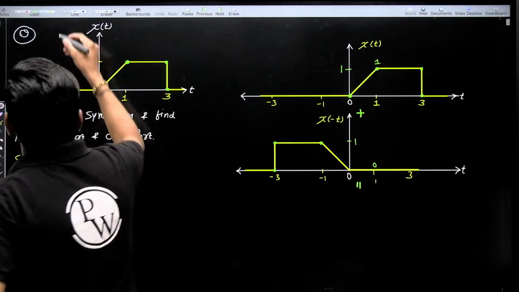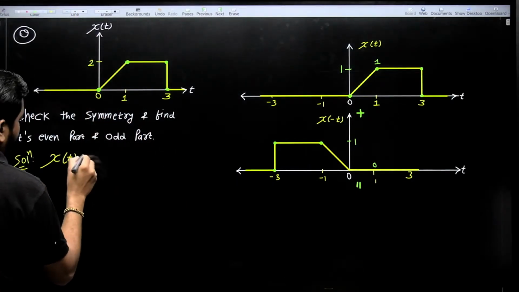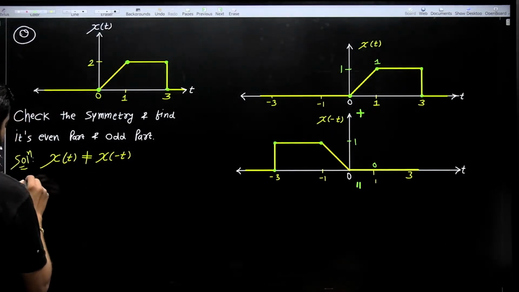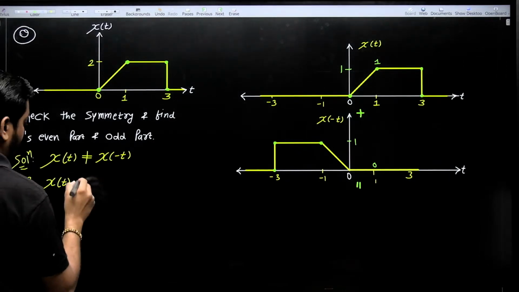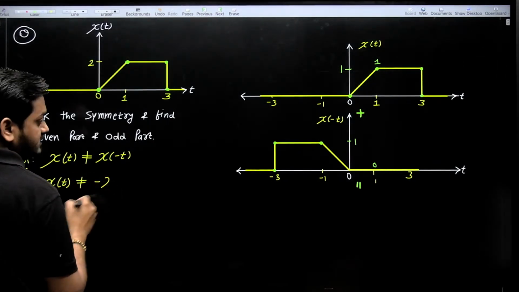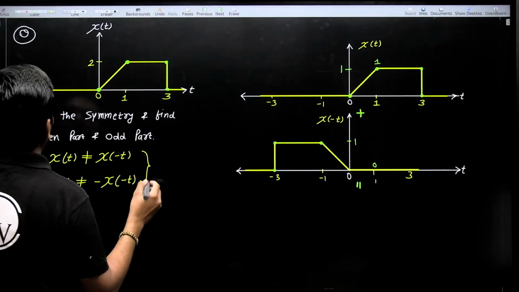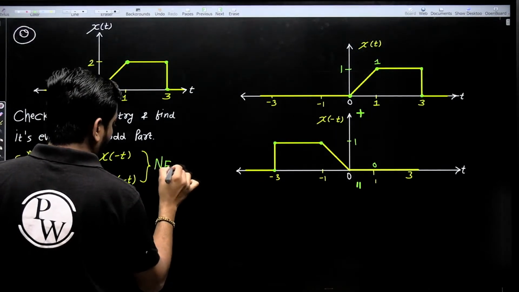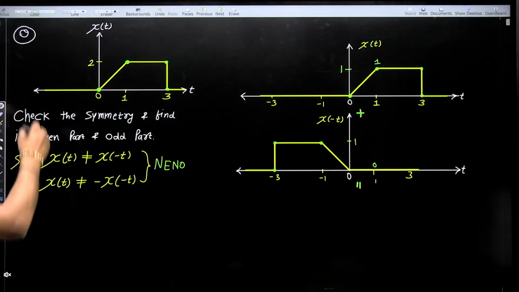So of course, here you can see x of t is not equal to x of minus t, and x of t is not equal to minus x of minus t. That's why the given signal is neither.